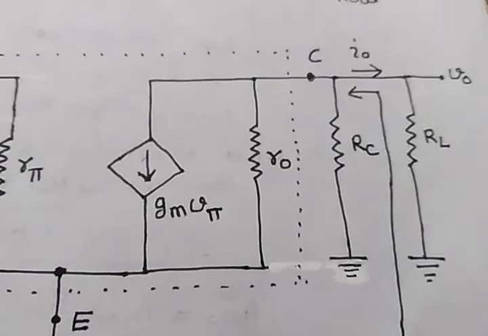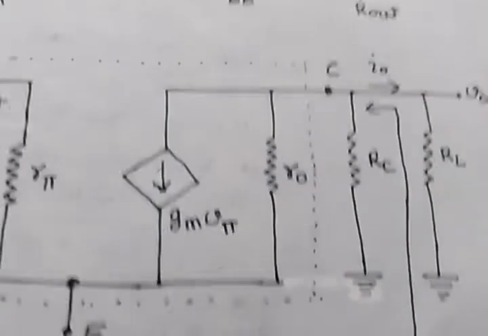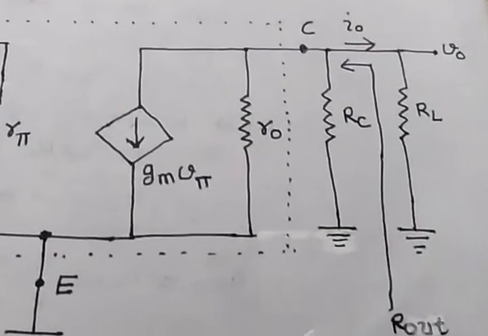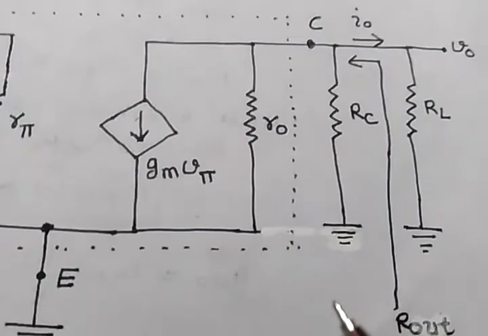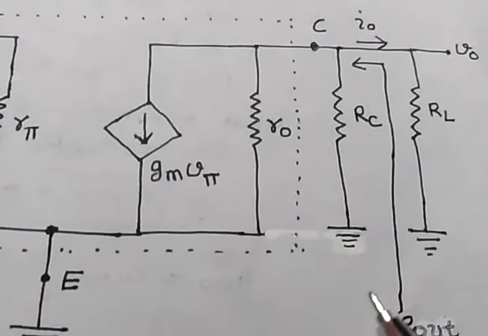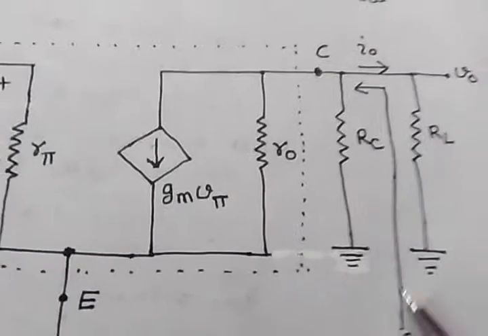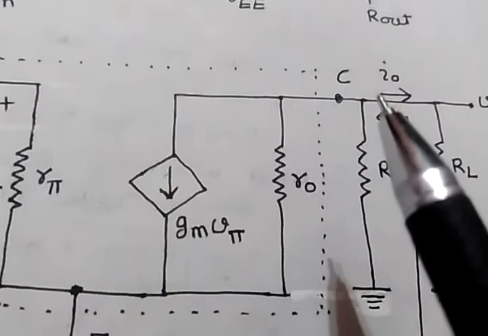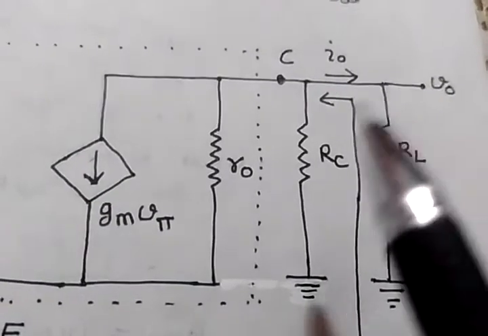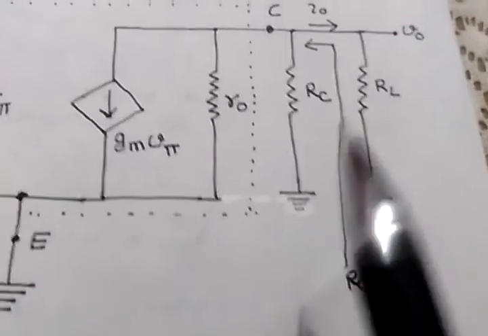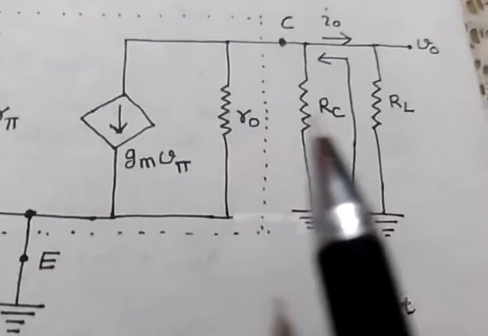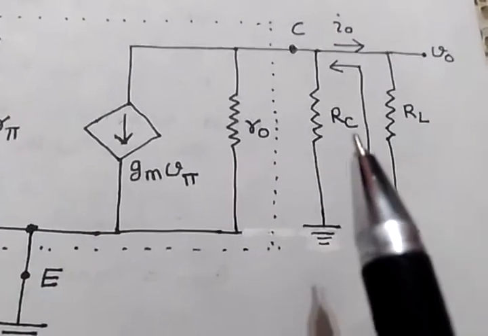Now we will find output resistance. For output resistance, we have already discussed that output resistance is the resistance between ground and collector without considering load resistance RL. So from the figure it is clear that Rout is equal to Ro parallel Rc.